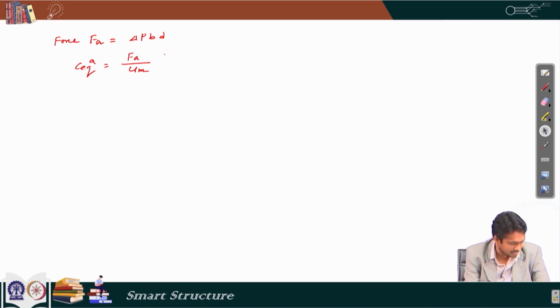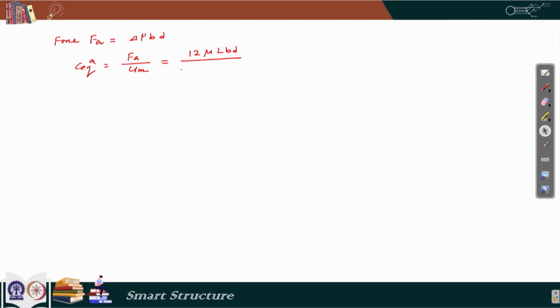So, by doing that the final expression of C equivalent comes as 12 mu L b d divided by d square multiplied by 1 minus delta bar multiplied by 1 plus delta bar by 2.